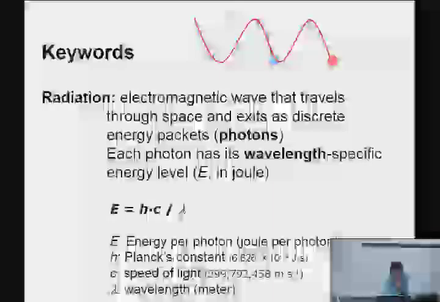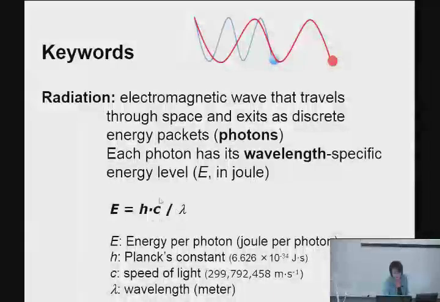So those two are constants. The numerator is a constant value, right? Two constants divided by wavelength. That means this is the energy level per photon. So one packet of light or radiation, how much energy it has, can be defined using wavelength. If you know the wavelength, you know the energy level of the packet.